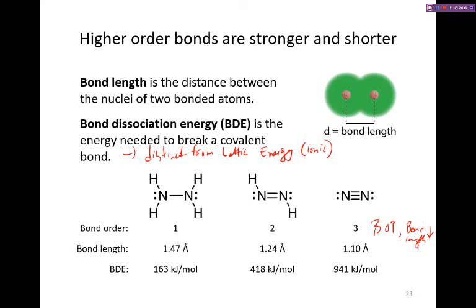So the nitrogen-nitrogen triple bond is much, much stronger than the double bond, which is much, much stronger than the single bond. The way you can think about this is, let's say you and your friend are holding onto a rope. Let's draw a little diagram here. You and your friend have a rope between you, and if you try and pull on it to break it, you're going to exert some energy to break it.